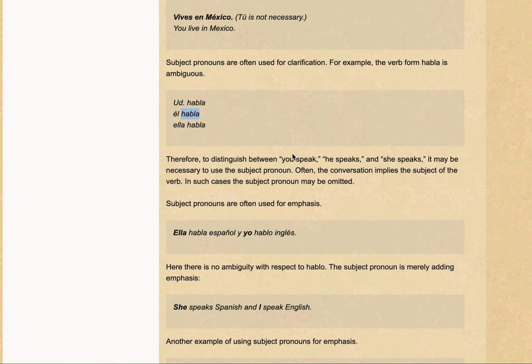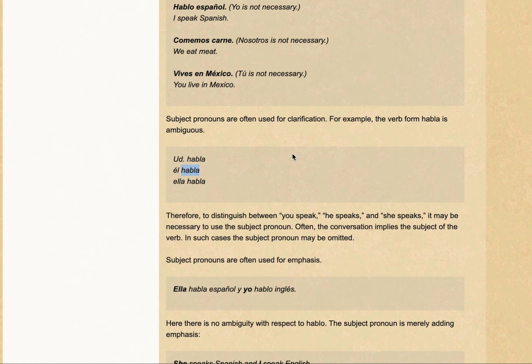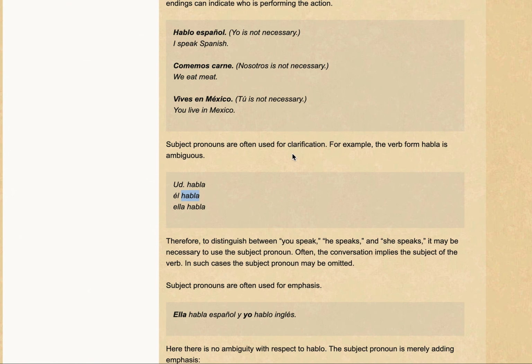So far in this video, to do a recap, we have seen that there may be times when we need to explicitly use the subject pronoun in a sentence when the verb in question is ambiguous.